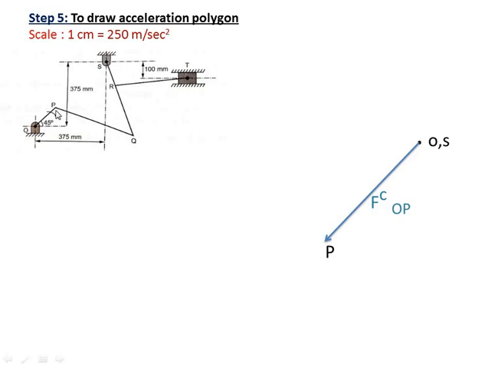Now we come up to P, then we have to go for PQ. First you have to locate the centripetal acceleration of PQ, then the tangential acceleration of PQ. The centripetal acceleration of PQ is parallel to PQ towards the center of rotation. Now for PQ, P is the center of rotation.